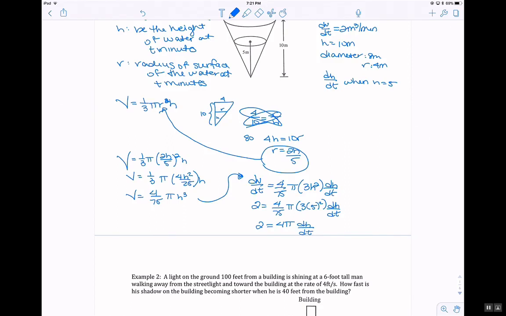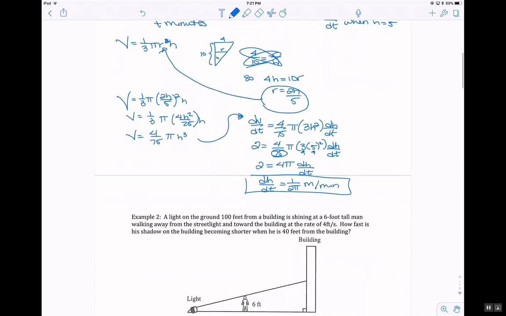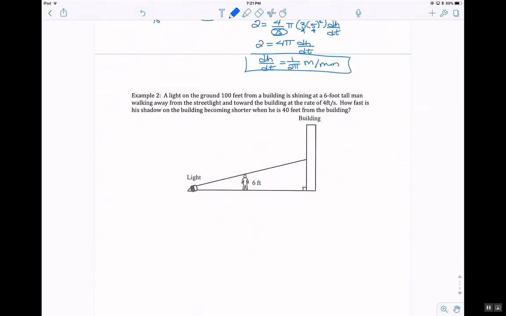So 2 is equal to 4 pi dH dt after I simplify this, because 3 times 25 is 75. Now I'll divide both sides by 4 pi, so I get dH dt is equal to 1 over 2 pi meters per minute. Okay? So now let's take a look at our next example.